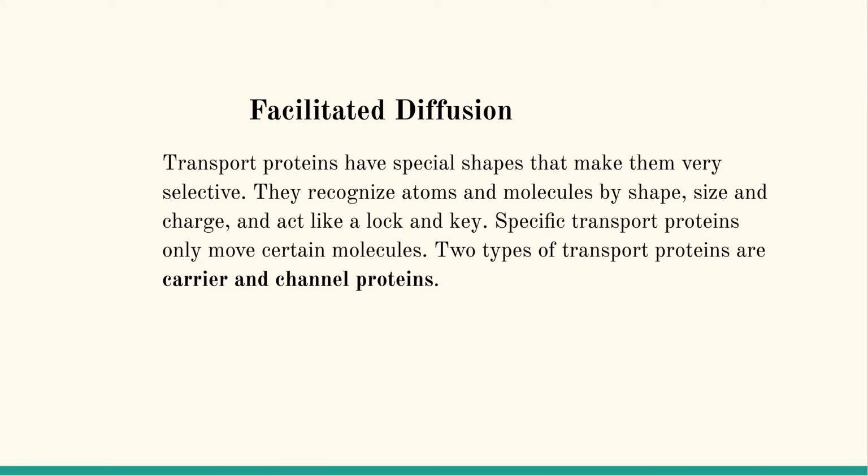Now, each of these proteins has a specific molecule that it helps transport, and it identifies these by shape, size, and charge, same as the rest of the membrane does. And these function off of what we call the lock and key model. This is an analogy between the protein and the chemical it's transporting to a lock and a key. There's only one type of key that fits in a particular lock and can turn it.